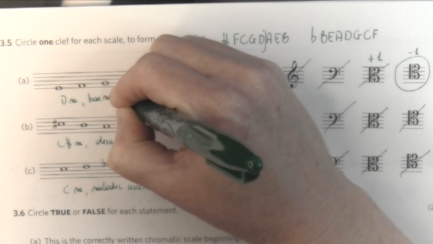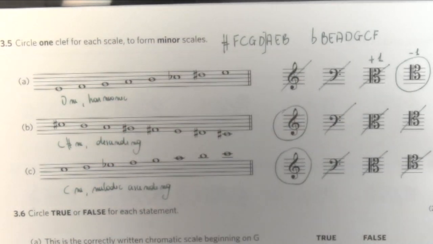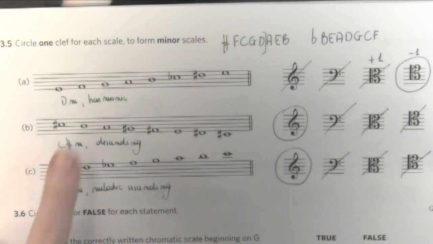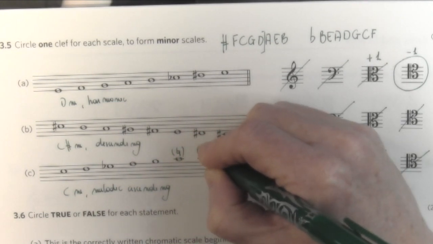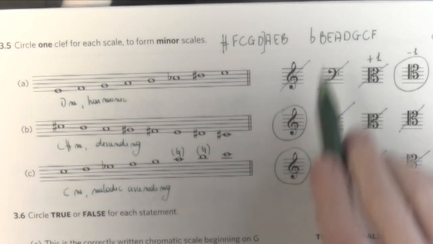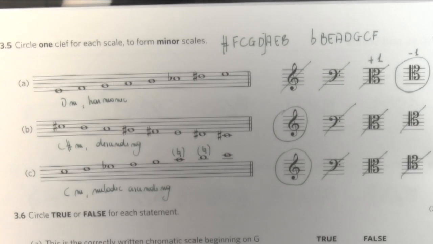Yeah. Why didn't I do this before? Who knows? I could also do this here to say that they are raised from the key signature. Yeah, that's a good way of presenting the answers here.